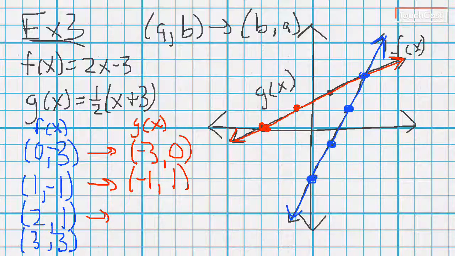If we map 2, 1 with f of x, then in g of x we should have 1, 2. Which, guess what? 1, 2, right there. And then our 3, 3, if we switch x and y, should be 3, 3. And guess what? We have a little overlap at 3, 3. So we have just verified that these two functions are inverses graphically.